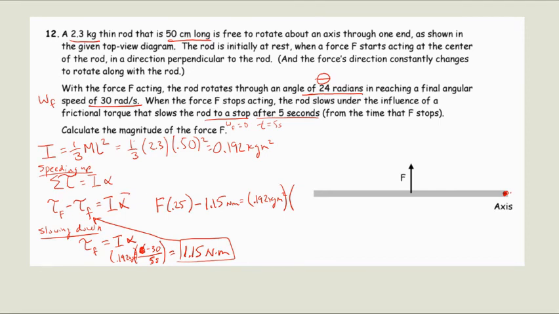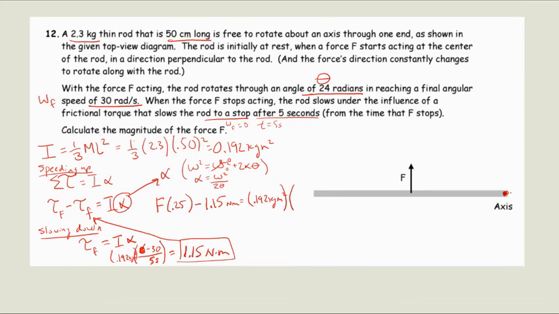So I need to solve for this. Alpha in this case, I have omega squared equals omega initial squared plus 2 alpha theta. Because my omega initial is 0, alpha is equal to omega squared divided by 2 theta.